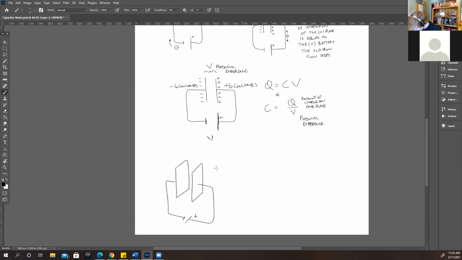On these large plates, there's a lot of space available for charge to collect. I'll show that by putting a lot of charge on the plates.